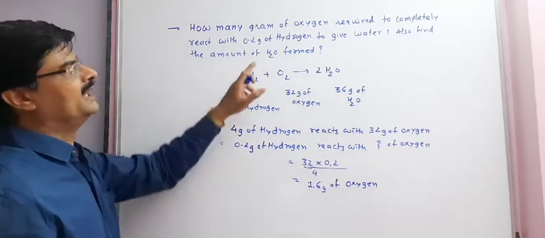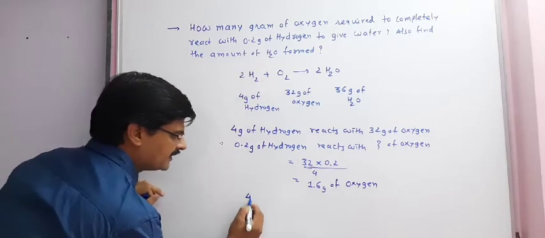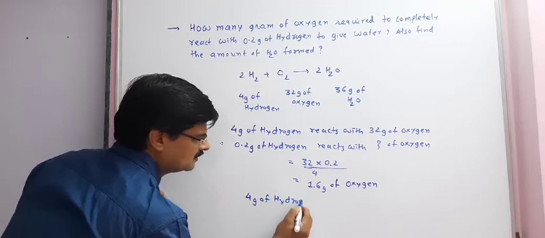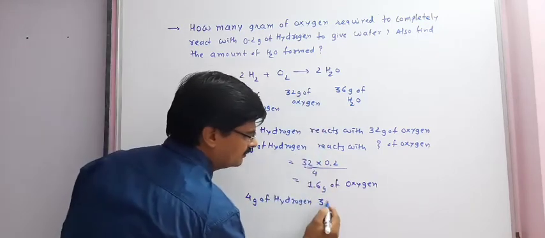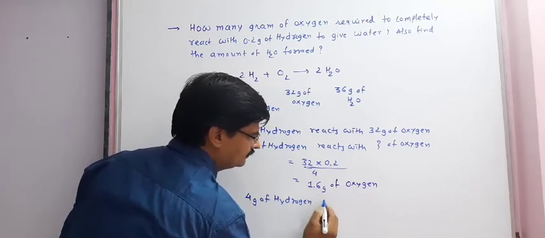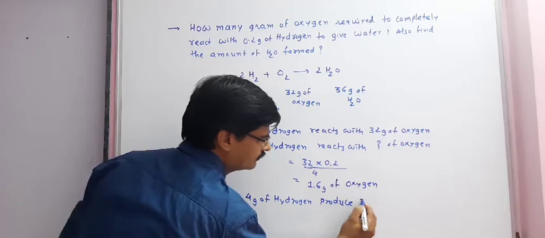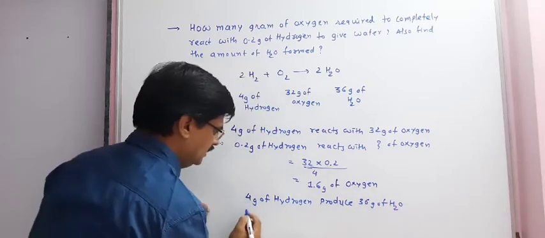Also, we have to find out the amount of H2O formed. So again we can say 4 gram of hydrogen gives 36 gram of water.